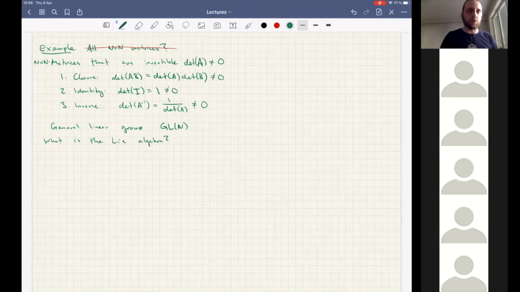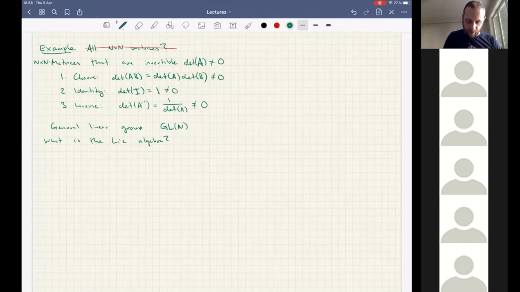Well, in order to find out what the Lie algebra is, we need to find out what kind of restriction on the generators we get from this condition.